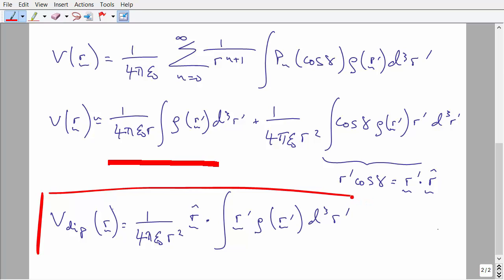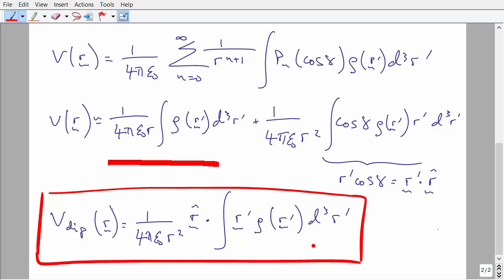So this term here is just the second term. I'm not paying attention to this one at the moment. And this quantity here, we gave a name. This was the dipole moment, and we gave that a symbol, vector p.